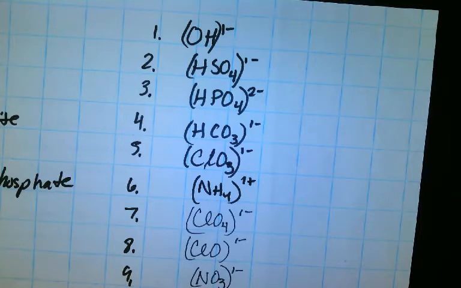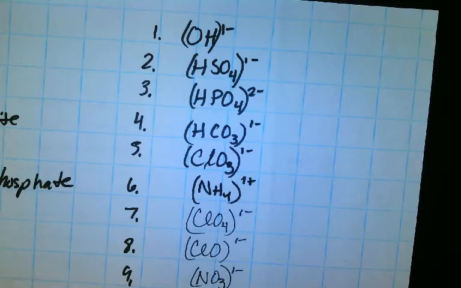So you're putting parentheses on the outside, and there's a big rule, the rule for the day. Here's our rule. We have 3 today. Don't touch anything in the parentheses. Don't change it. Just copy it from your ion sheet onto the paper.